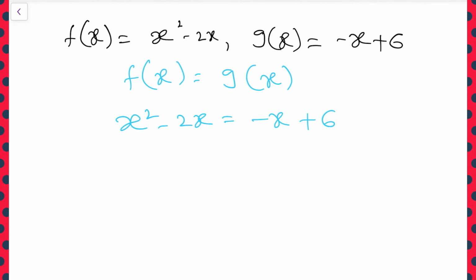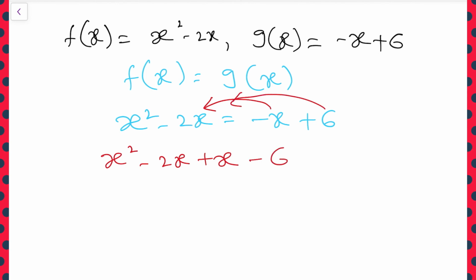I'll take everything to one side. x square as it is, minus 2x as it is, minus x if I take to the left side it will become plus x, plus 6 if I take to the left side it will become minus 6, is equal to 0. x square minus 2x plus x minus 6 is equal to 0, that is x square minus x minus 6 equals 0.